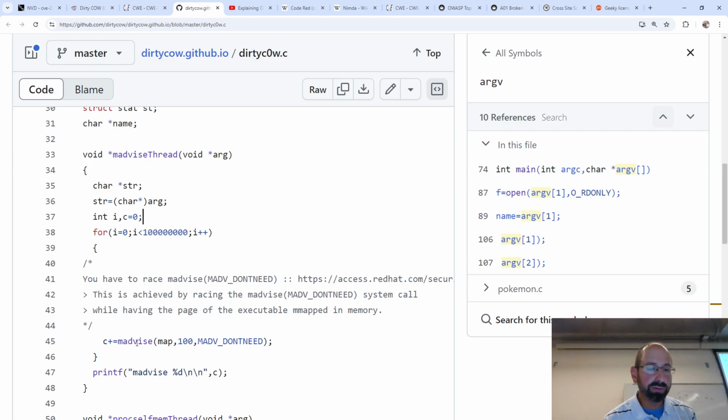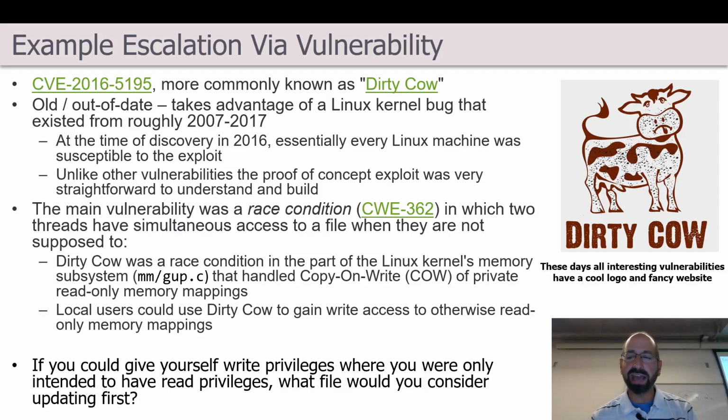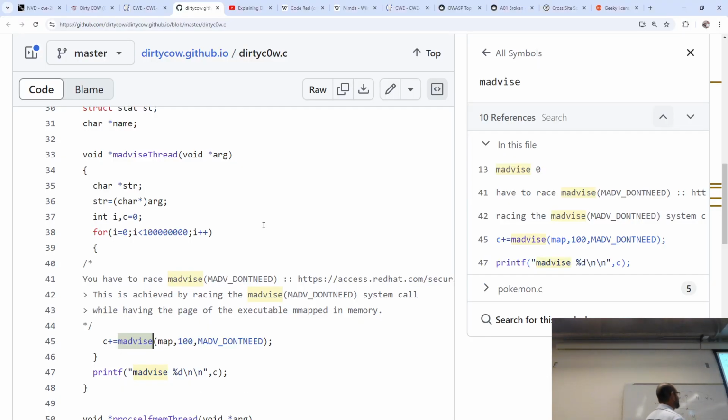This is in a loop, basically spamming a function called memory advise. The one YouTube video that's linked here, he calls it madvise, but I think he's being silly. It's just memory advise. It doesn't stand for madvise. We're basically spamming that call over and over again, telling the operating system, hey, that memory I mapped, I don't need it anymore.